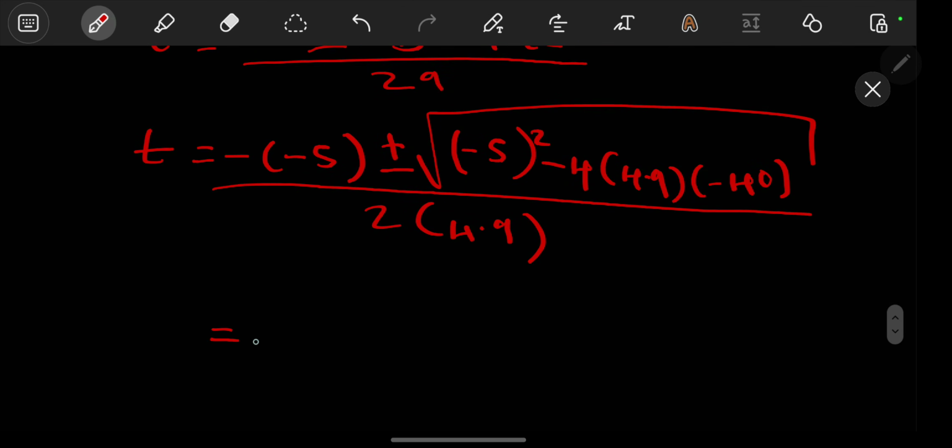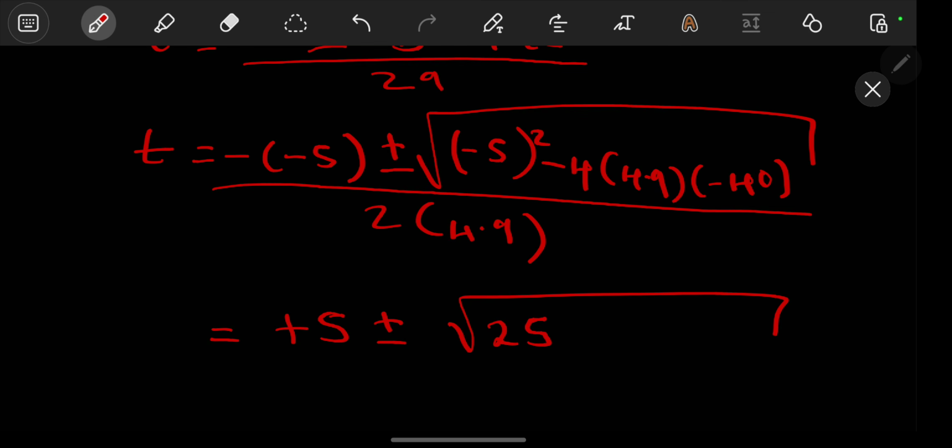So we are going to find that negative times negative will be positive 5 plus or minus the square root of negative 5 squared, which gives us 25. Then we have negative 4 times 4.9 times negative 40, which gives a positive 784.